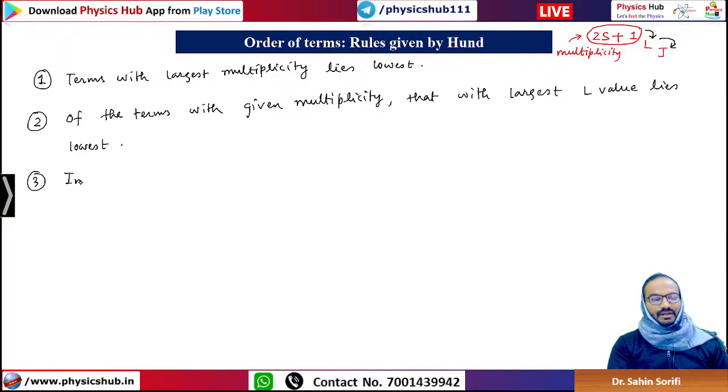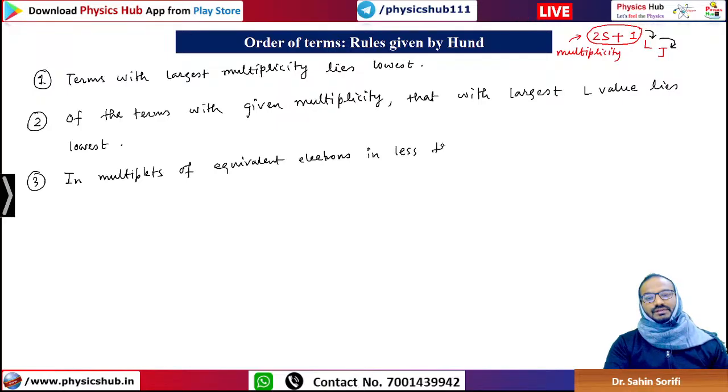So in multiplets of equivalent electrons, in less than half filled subcell, like P2 or D3, what will be there?